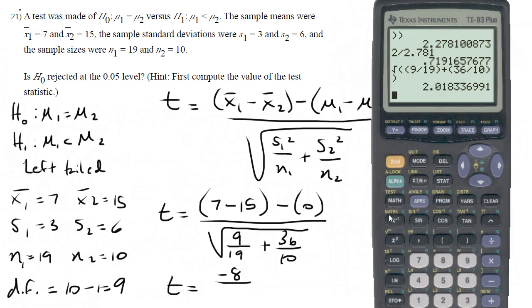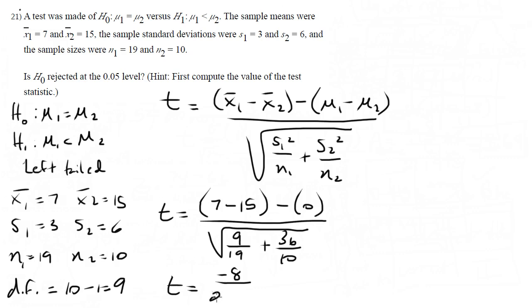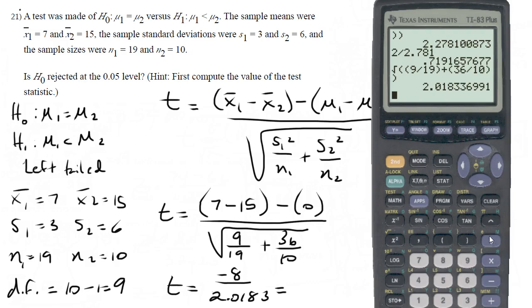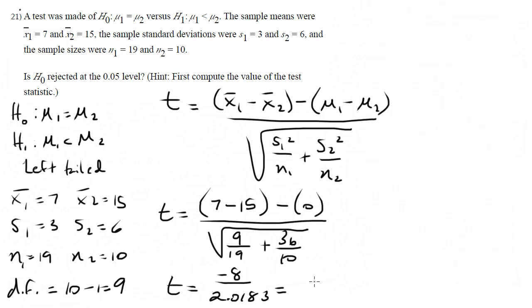That gives 2.0183. Negative 8 divided by 2.0183 is negative 3.96. That's my t-value.